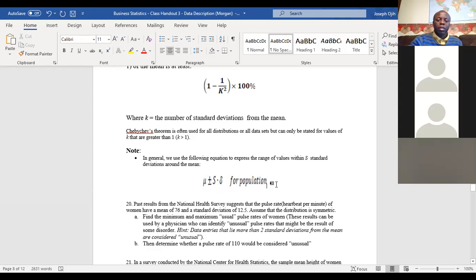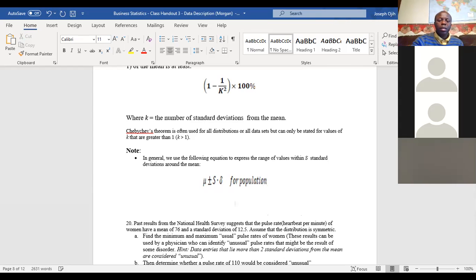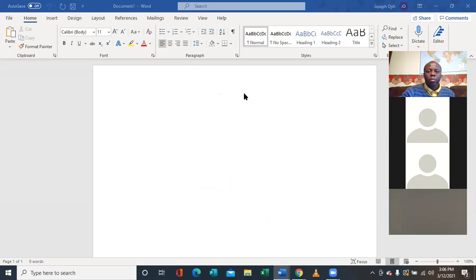I'm going to show you the data sets. Give me 1 minute, let me open the next workbook we'll be using. So another way you can estimate K is to use this formula.